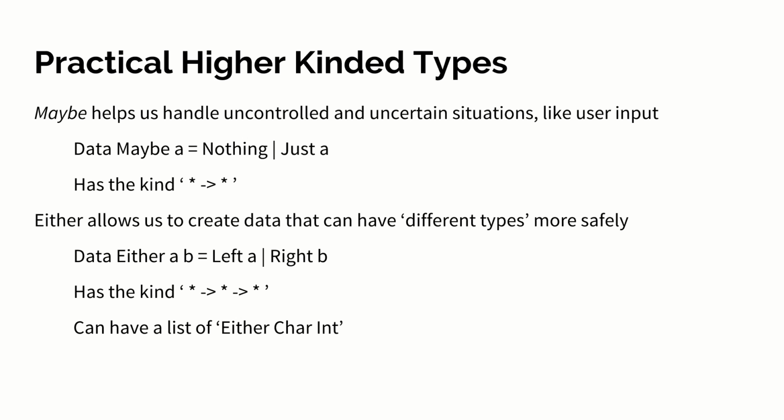And that left would actually be a box for an int value, and the right would be a box for the char value. This would allow us to express a list that has multiple values, and those values can contain actually an int or a char in practice. Furthermore, we can nest either types to be able to express data that can have any number of values that we wish.